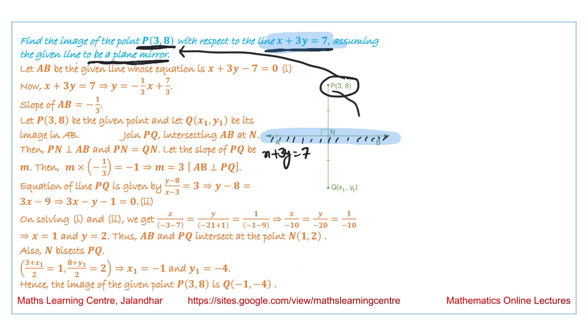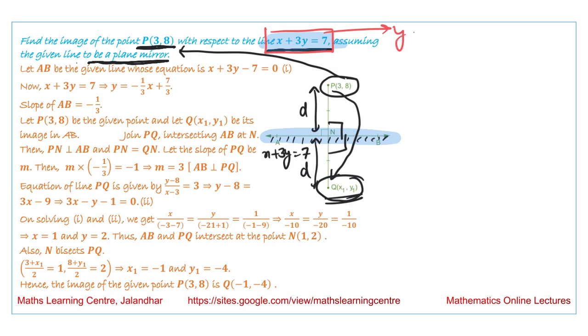So we have to calculate a point Q(x1, y1), and the property that we will have is that the distance d over here and this distance are equal. So we have to calculate a point Q(x1, y1) in this form. From this given equation, you can write y is equal to minus 1 by 3 x plus 7 by 3.